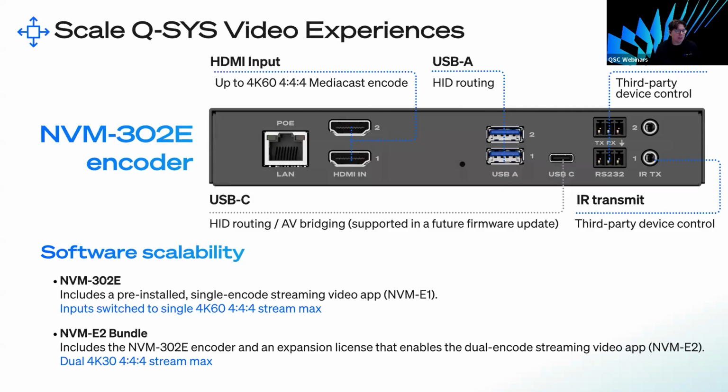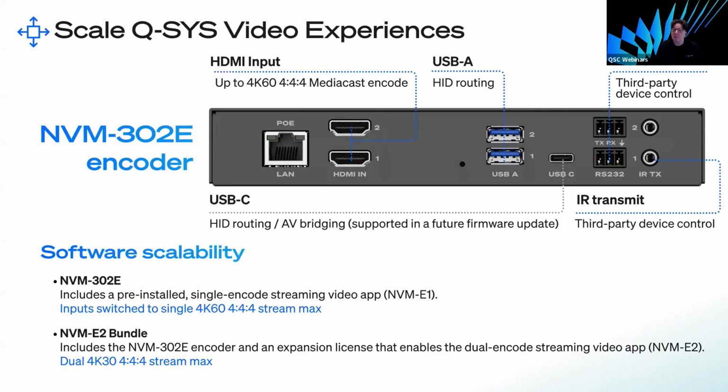So then the NVM E2 is a bundle that includes a second license. And yes, I know I said the dirty L word, but it gives you a license so that you can actually do two streams out of one of the encoders. Very much like the way you could with one of the NV32s or the NV21, this allows you to have that second stream.